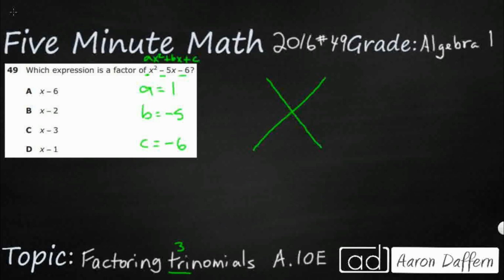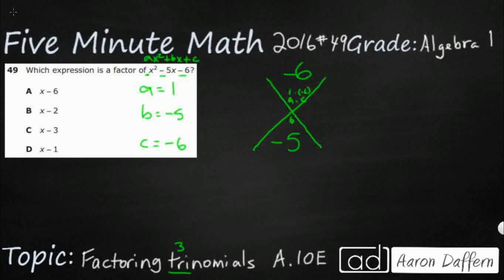So what do we do in the top here? Well, we are going to multiply a times c and put that up in the top. So a is 1, c is negative 6. All right, so we're just going to put a big negative 6 up there. And then we're simply going to write b down at the bottom. So b is going to be negative 5.